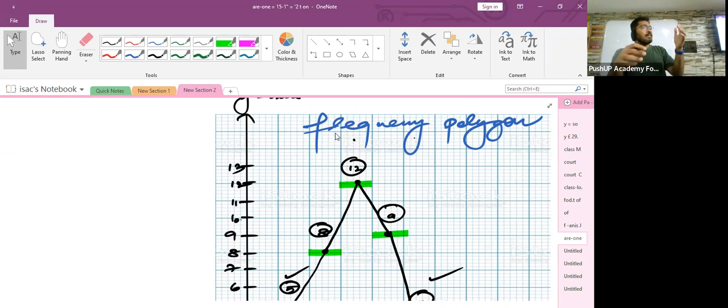Once you're done with this, the day before the exam, you don't have to touch these chapters, be it coordinate geometry, be it statistics, because we have done so many sums in the class, right? So just don't keep these 2 chapters for the eve of your examination.